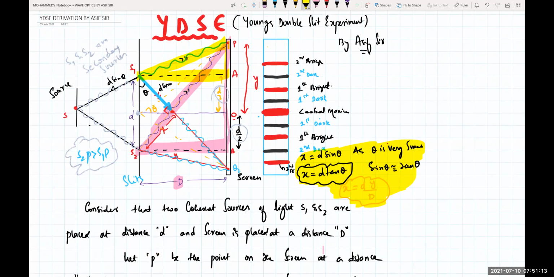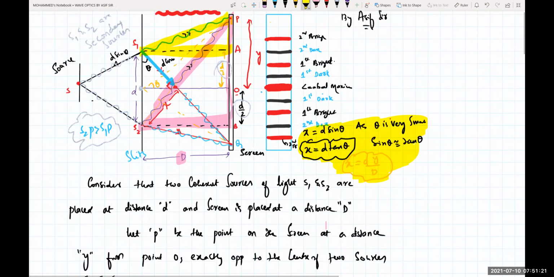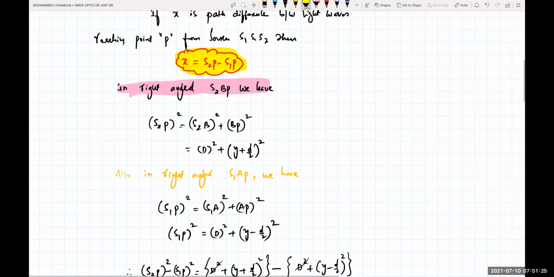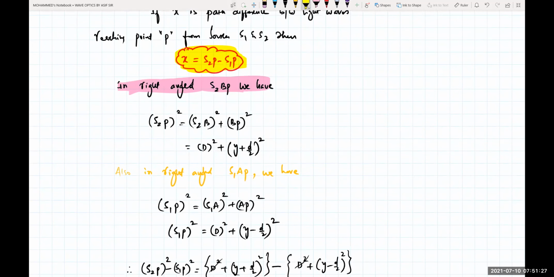From here to here is Y, but this is D. Y minus D by 2 will give me A to P. S1 to P is nothing but capital D. So writing that here, S1P square is equal to S1A square plus AP whole square. S1A is D square plus A to P is Y minus D by 2 whole square.